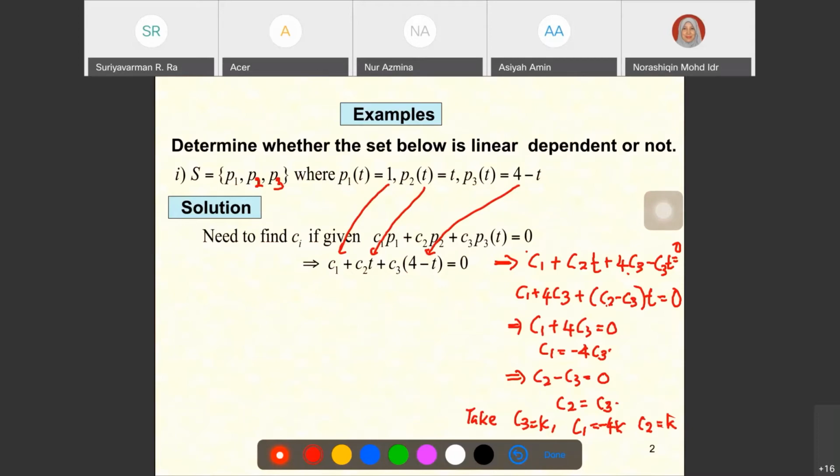What do you say about this one? See that? We can find the C's, right?